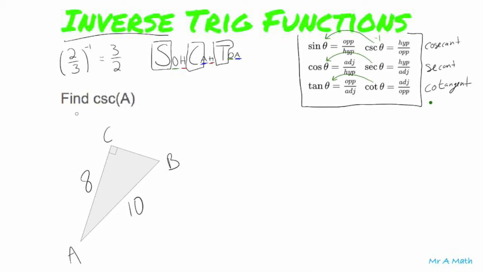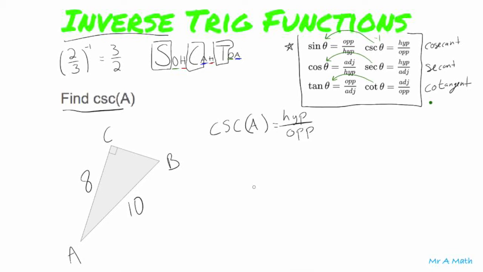Here I have cosecant of A, and I want to find that. So since cosecant is the inverse of sine up here, then I can say that cosecant of A is going to be equal to the hypotenuse over the opposite.